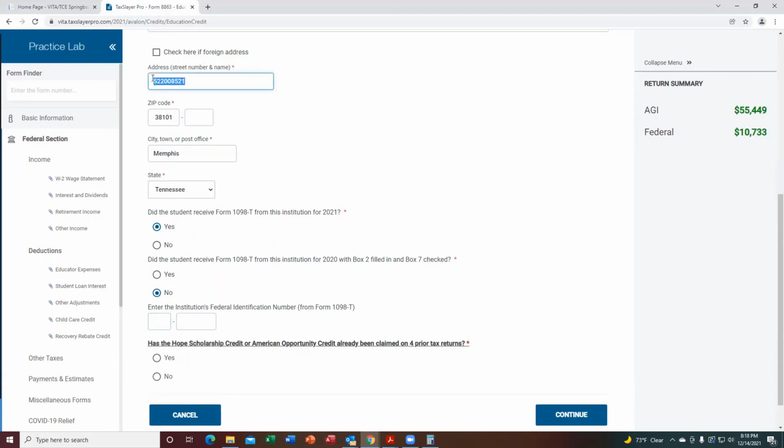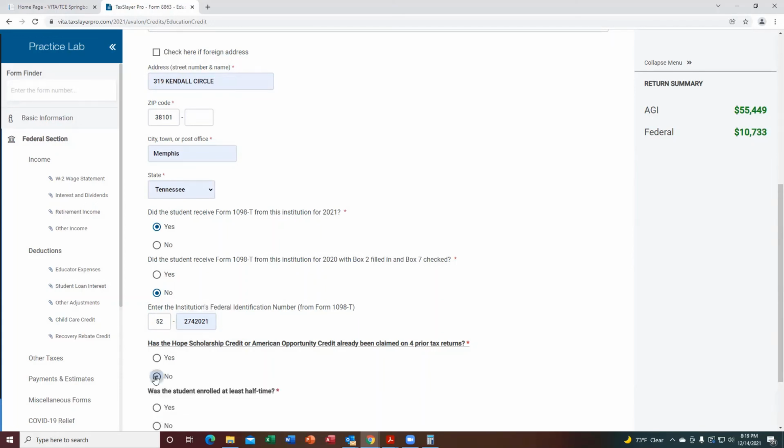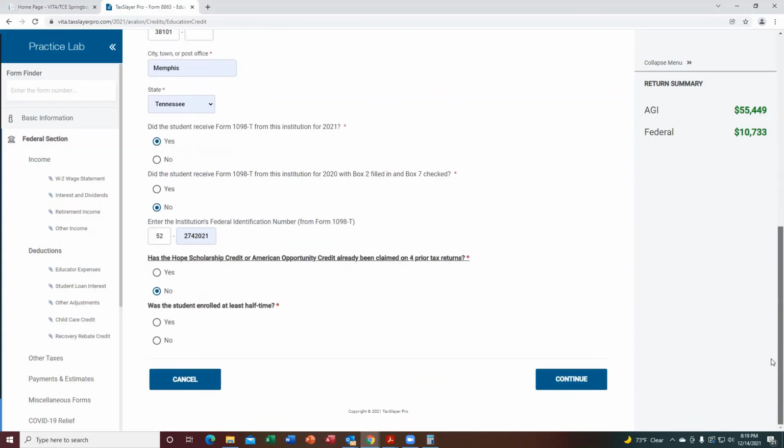Oops, I just realized I put the wrong number here. Okay. The institution number. So has a Hope Scholarship credit or American Opportunity credit been claimed on the previous 4 prior tax returns? And the answer is no. They told us he was a freshman.